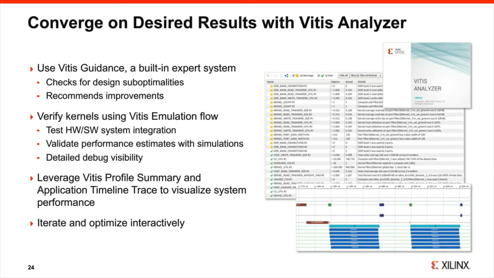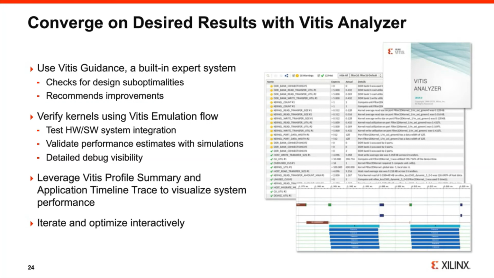Emulation plays a critical role in the design verification process. It can test the hardware and software integration and evaluate performance results. The profile summary provides annotated details regarding the overall application performance. It is created under both emulation and hardware runs. From it, you may investigate the kernel execution time and data transfer statistics, etc. The screenshot in the bottom right is showing a timeline trace report.